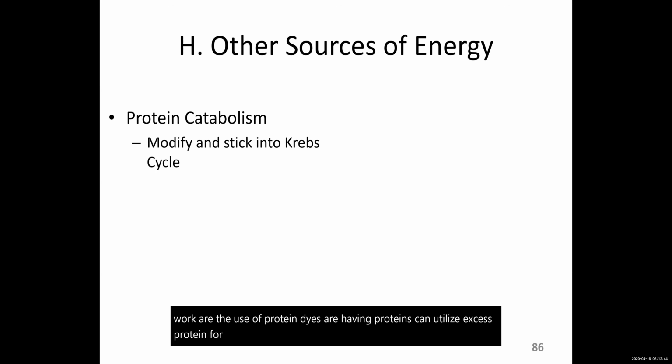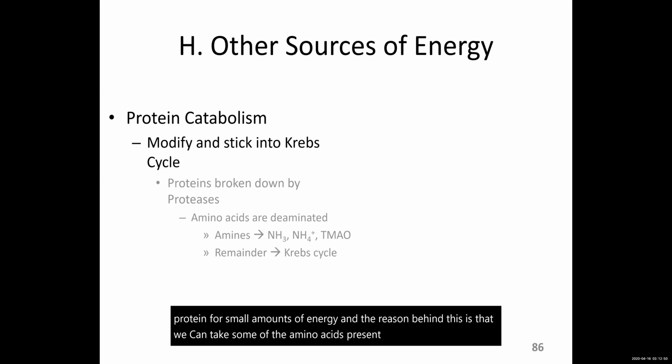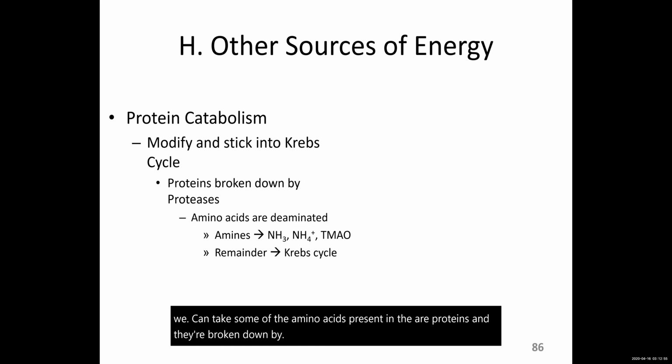The reason behind this is that we can take some of the amino acids present in our proteins, and they're broken down by enzymes called proteases, or protein hydrolases, also deaminases or decarboxylases. And so they'll remove the amine terminus from the amino acid, and those will yield ammonia and ammonium as a nitrogen source. The rest of it will go into the Krebs cycle, and these will produce small amounts of energy.